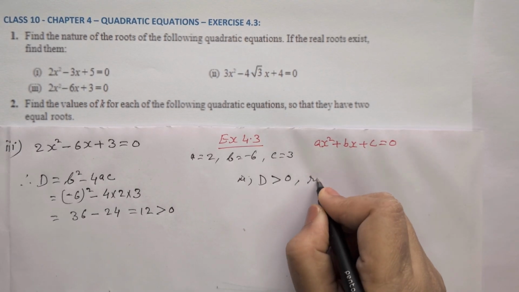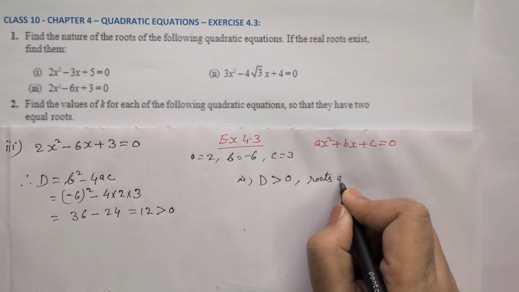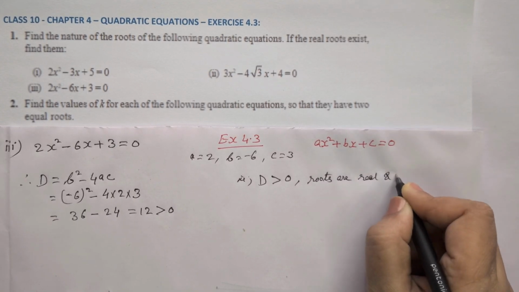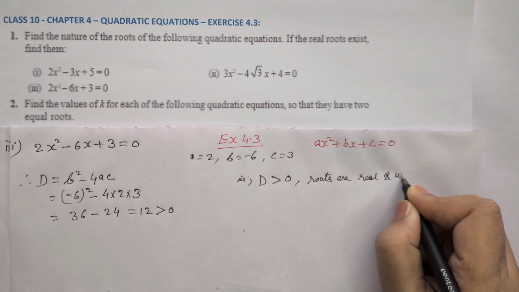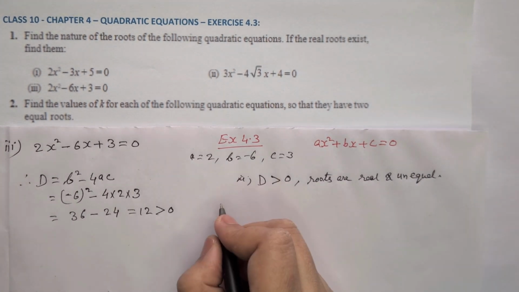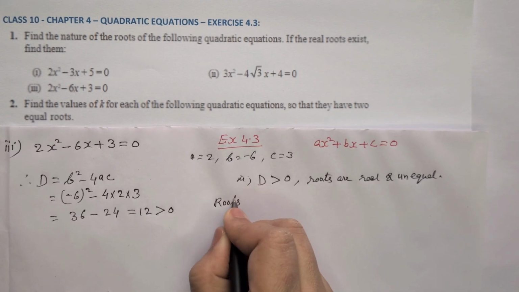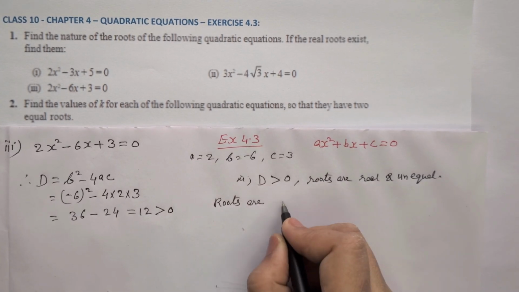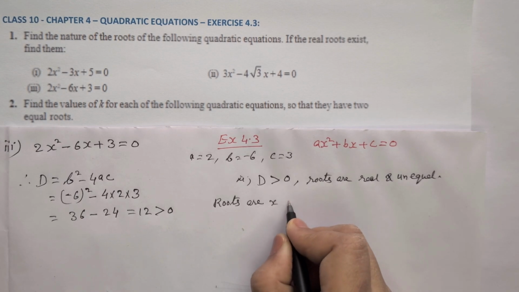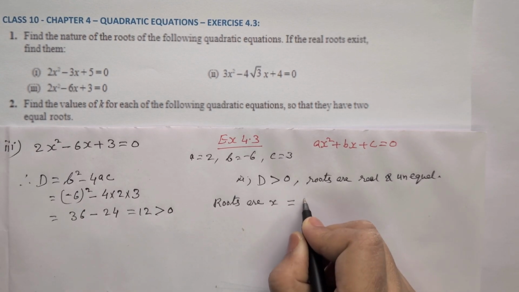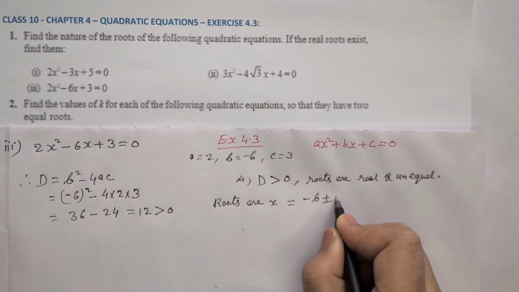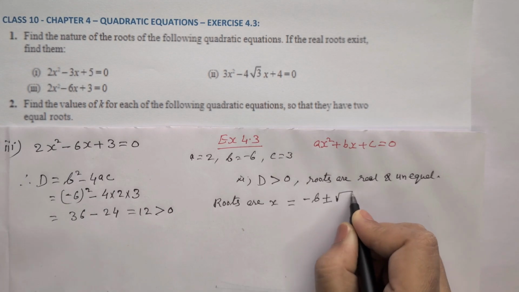So we can write the roots are real and not equal. Now we have to find the roots. So roots are, we can write that as x equal to −b ± √D divided by 2a.